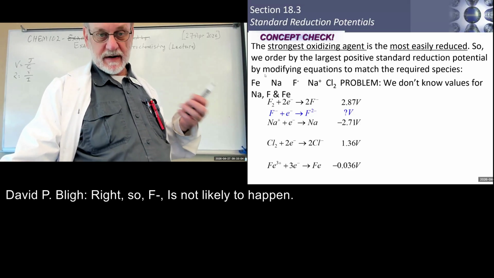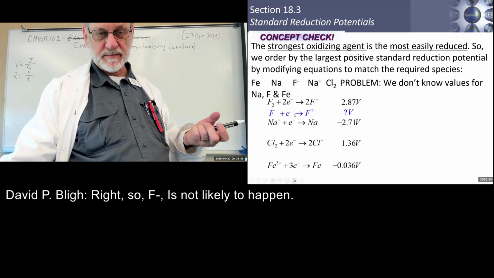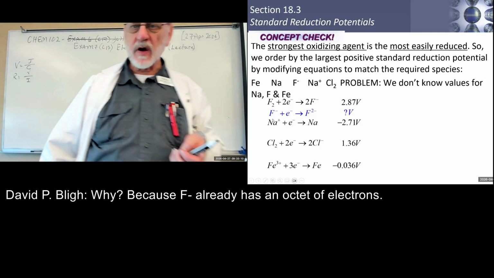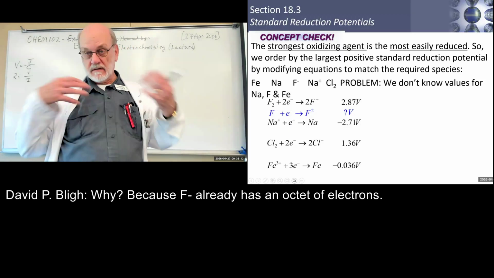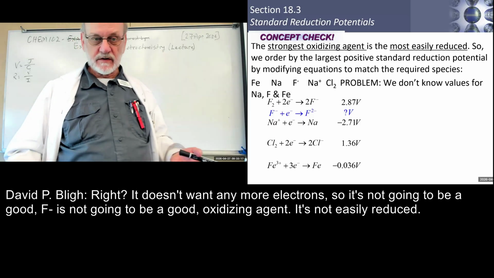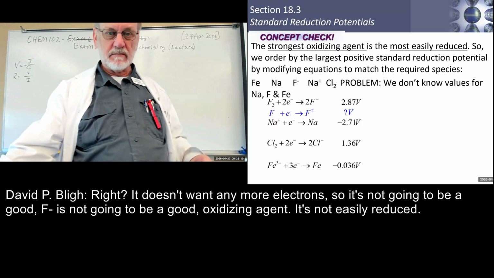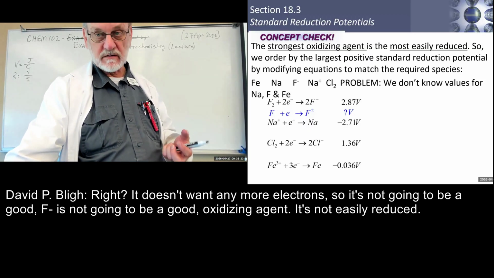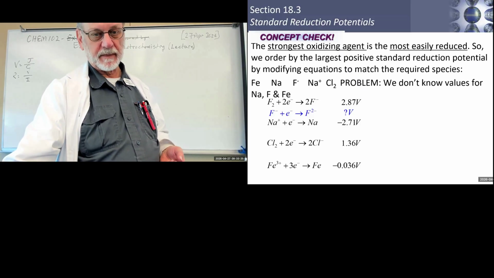So F minus is not likely to happen. Why? Because F minus already has an octet of electrons. It doesn't want any more electrons. So F minus is not going to be a good oxidizing agent. It's not easily reduced.